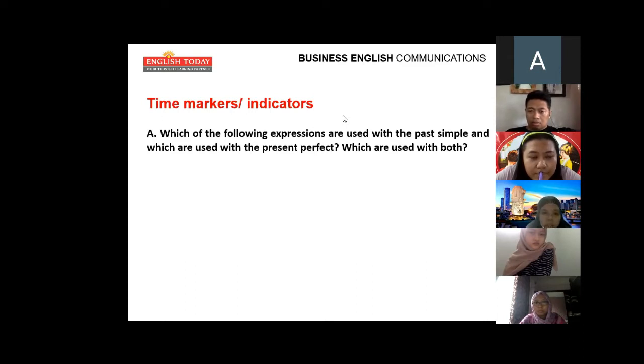A. Which of the following expressions are used with the past simple and which are used with the present perfect? Which are used with both? So there are words that can be used for both present perfect and past simple. Also, there are words that can only be used for past simple only. And what are they? We'll have a look.